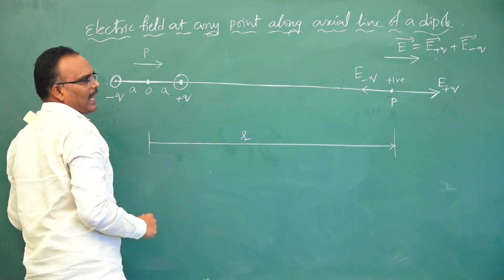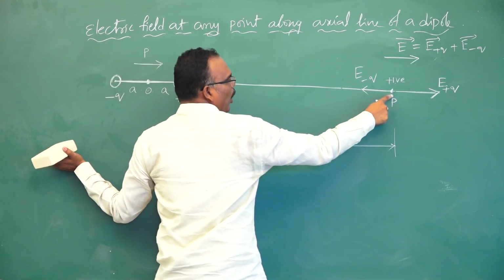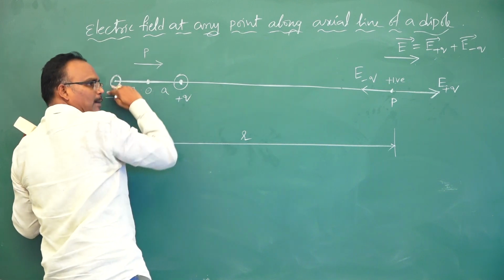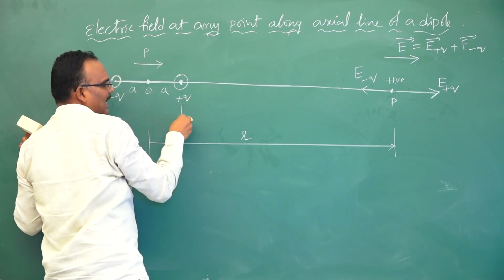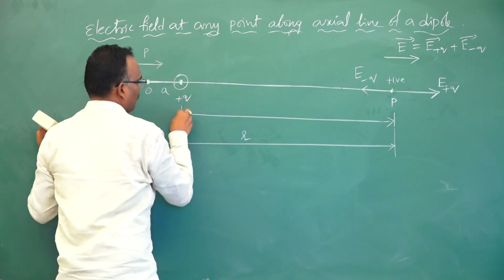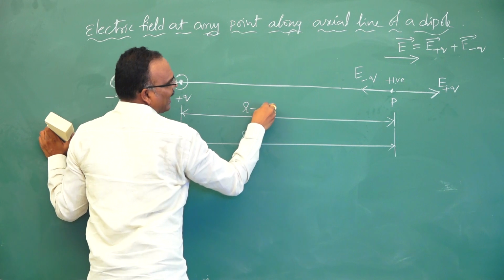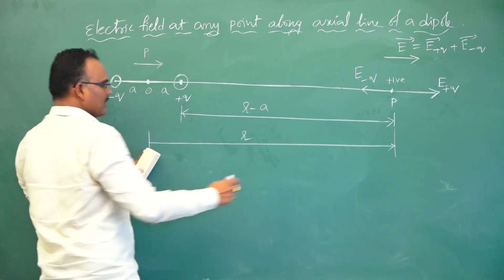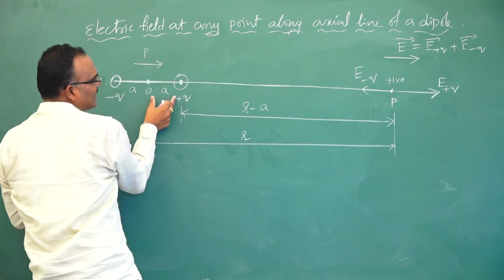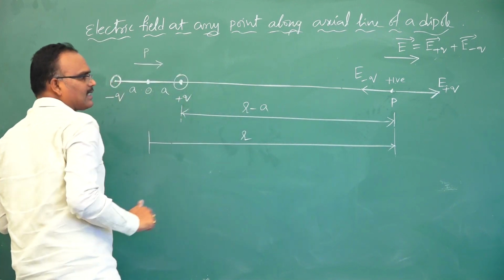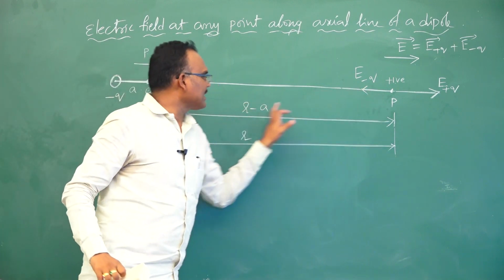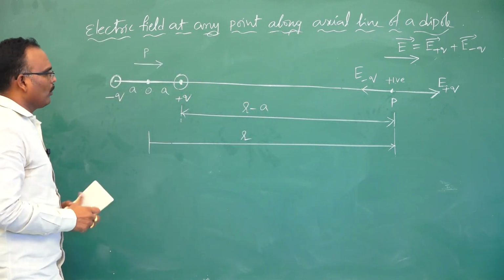But here I am calculating electric field at this point due to only the positive charge, not due to the dipole. So this charge is at a distance r minus a, because from here to here is r, and the only difference is this a, so that's why I have subtracted that difference. So this point is at a distance r minus a from plus q.